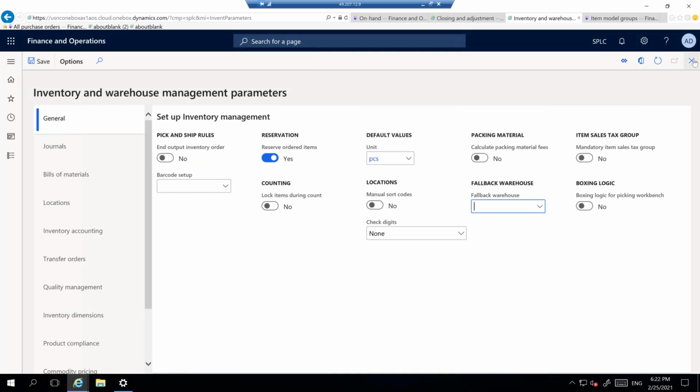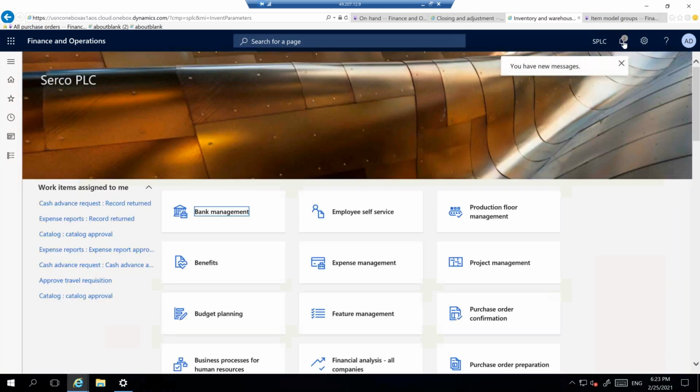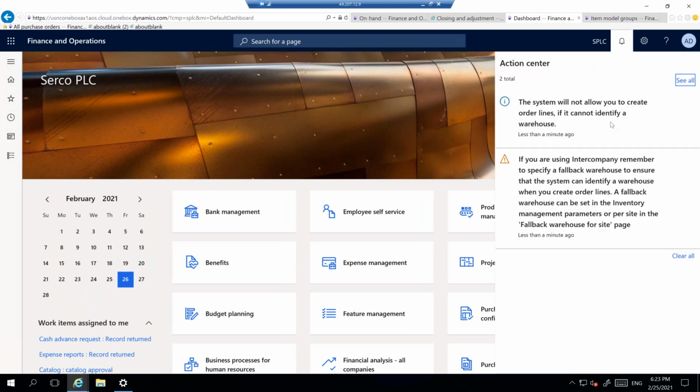If it is not mapped and I close this, it will show a pop-up message: if you are using intercompany, remember to specify a fallback warehouse to ensure that the system can identify a warehouse when creating order lines.